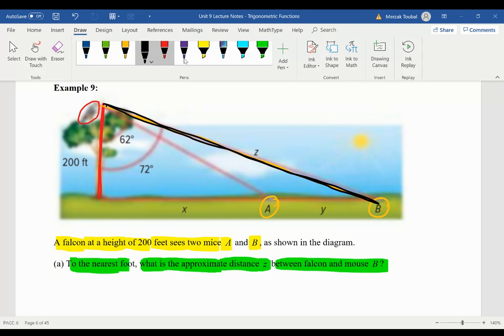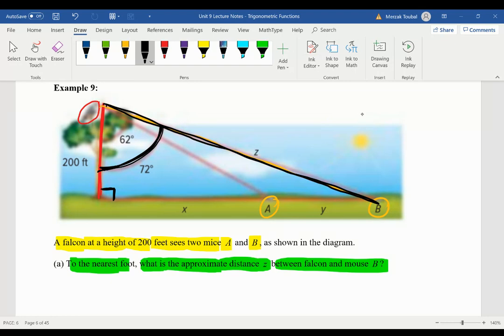From the given information, we know that this triangle is a right triangle. We are looking for z, and we know the adjacent to 72 degrees. There is an angle between the adjacent and the hypotenuse. This is 72 degrees. Adjacent is 200, and hypotenuse is z. So adjacent, hypotenuse, the cosine function would work.